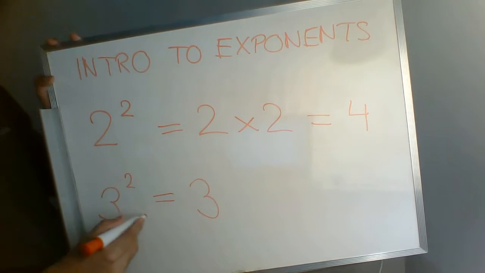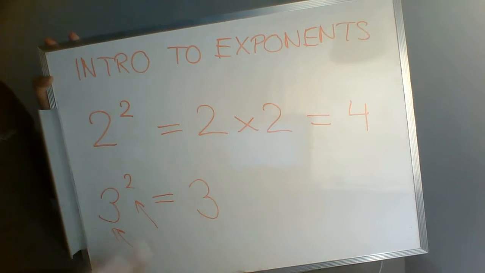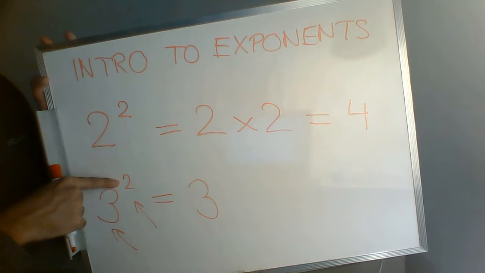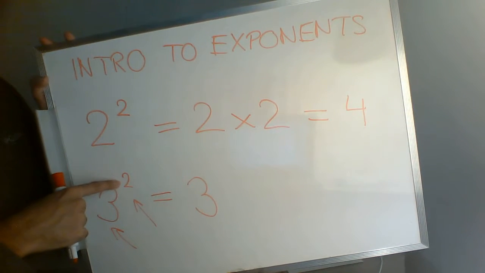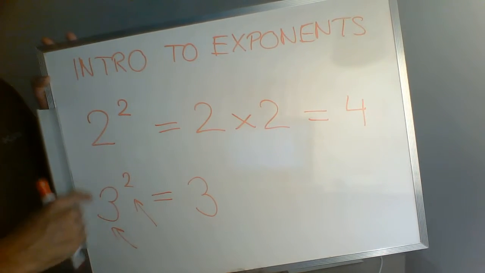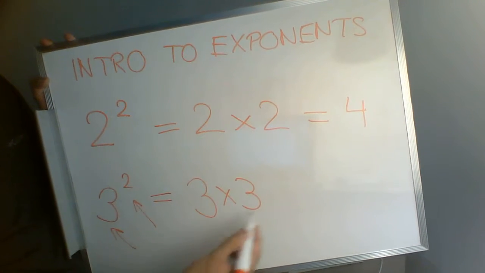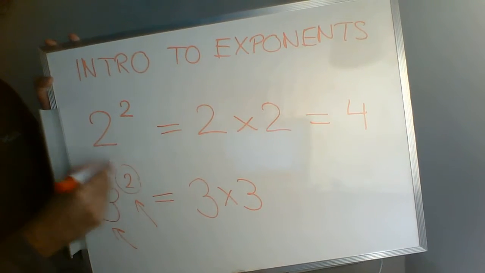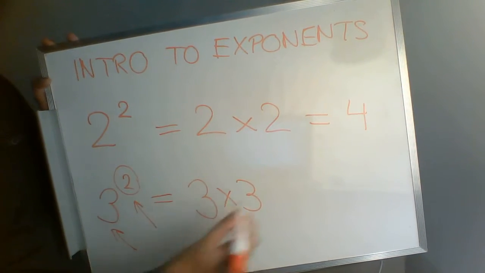Well, that's where the exponent comes into play. How many 3's we're multiplying together is what the little guy up here tells us. Because we've got a 2 up there, we have to multiply 2 of the base together. So 3 times 3. You're writing down the base twice because of this 2 up here, and you are going to multiply those together.